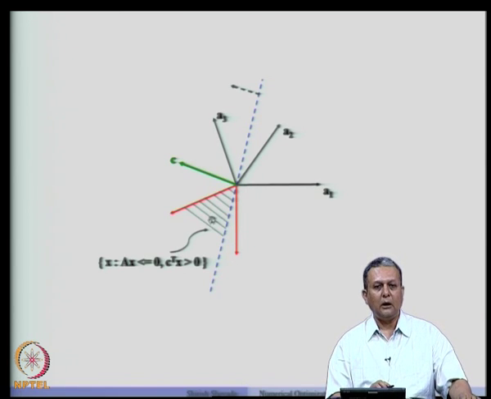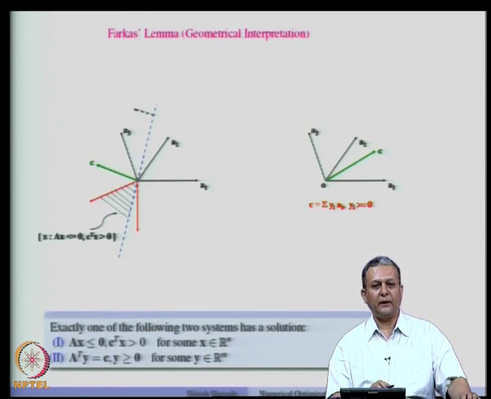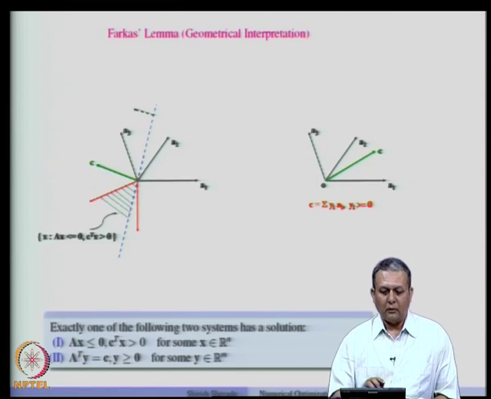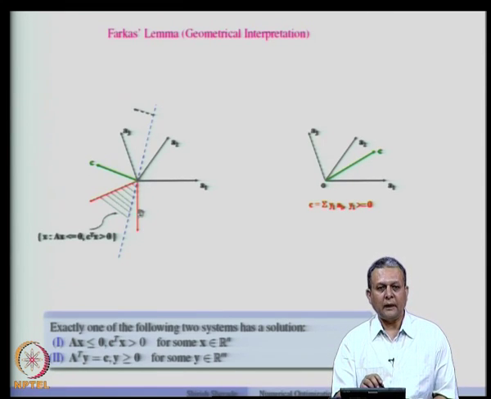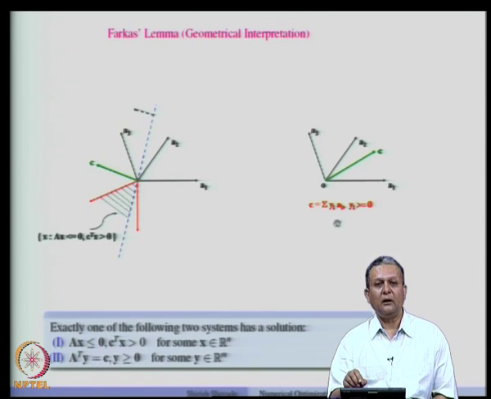Now, what Farkas Lemma says is that either the system Ax less than or equal to 0 and C transpose x greater than 0 has a solution for some x in Rn, or if that does not have a solution, then we can write C as a non-negative linear combination of the ai.